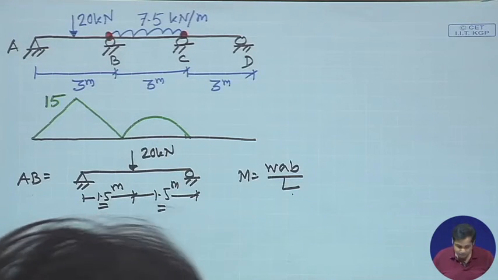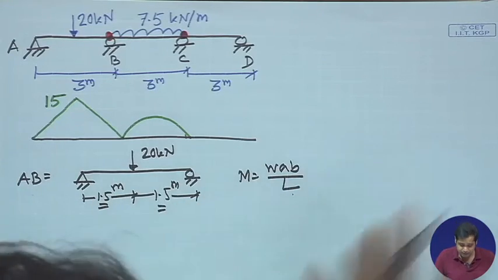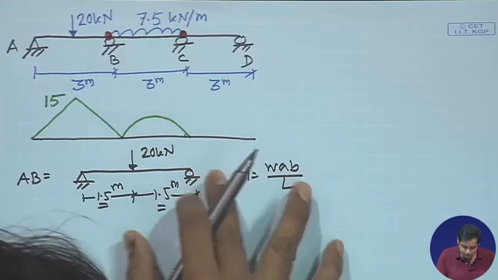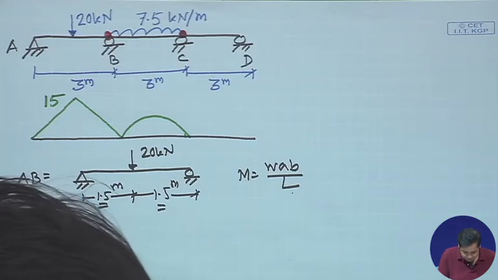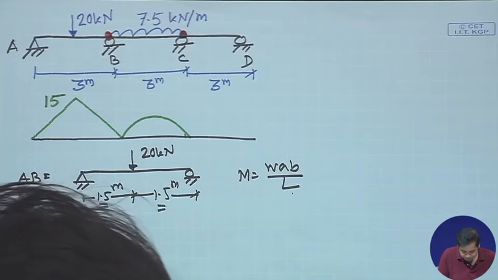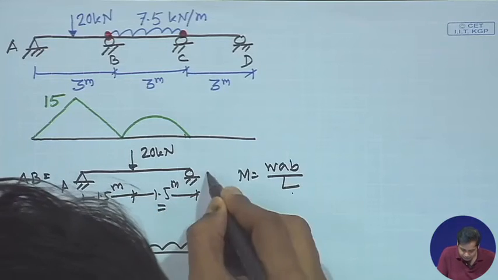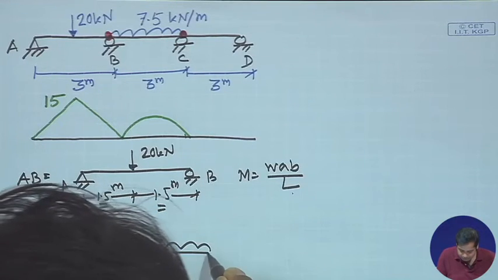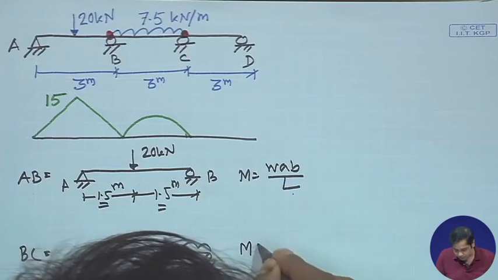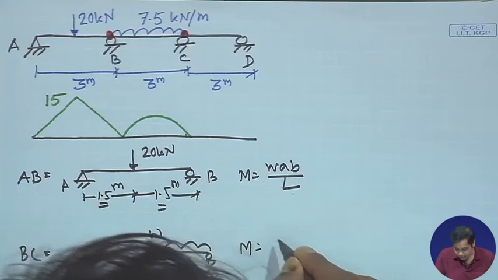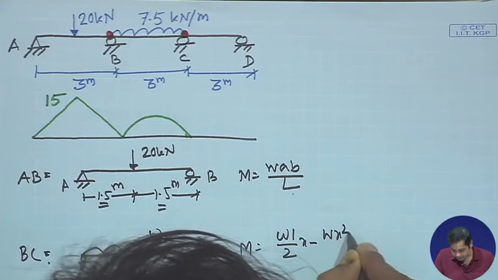Similarly, for span BC I am not writing the detail of the expression for bending moment, because we know how to do it. For span BC, subjected to uniformly distributed load, M is equal to WL by 2 x minus W x square by 2.